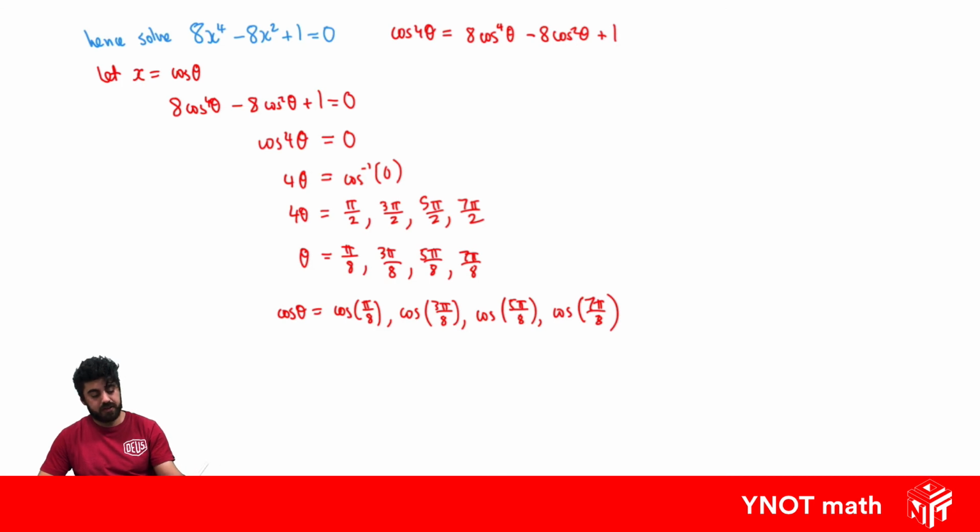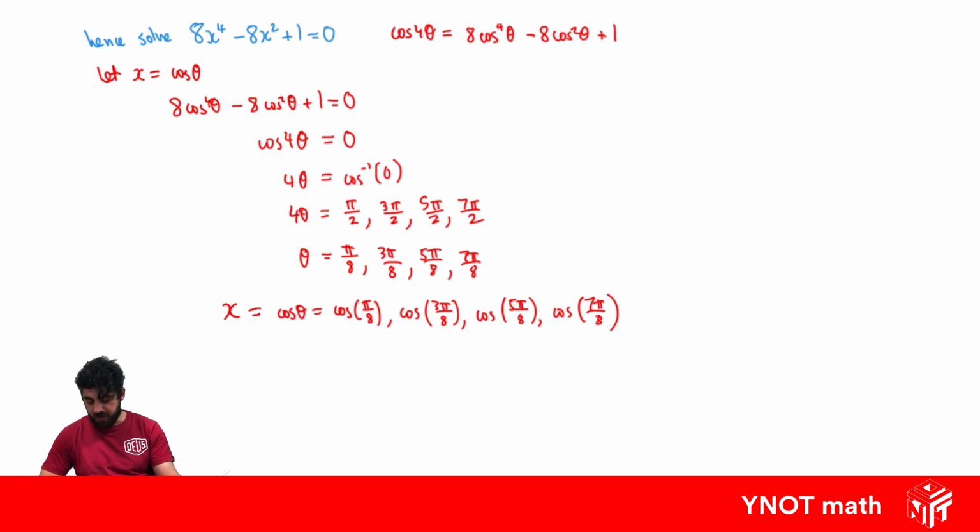And cos theta we let equal x, so that means x equals all those, and these are our 4 answers for x, and they're our solutions to the equation.